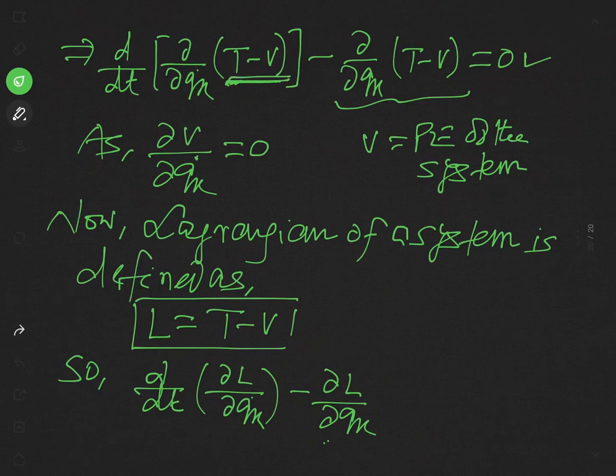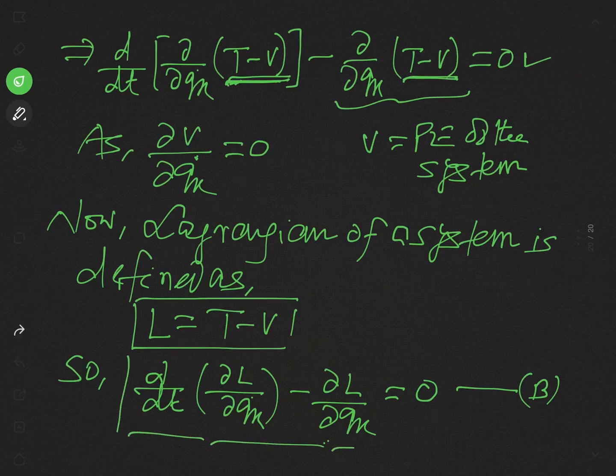See here, I have written L instead of T minus V, again L instead of T minus V, and this will be equal to 0. Actually, this is the Lagrange equation for a conservative system.